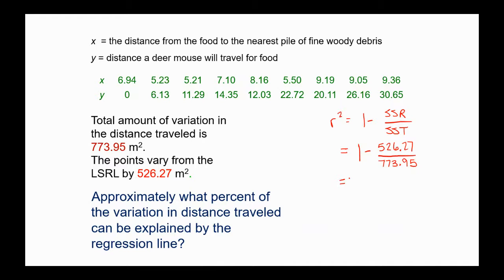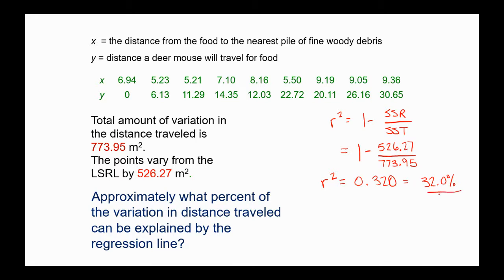If we calculate this, we would get approximately 0.320. How can I put this decimal as a percent? 32.0%.